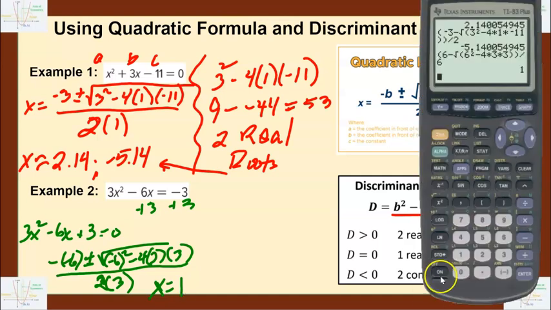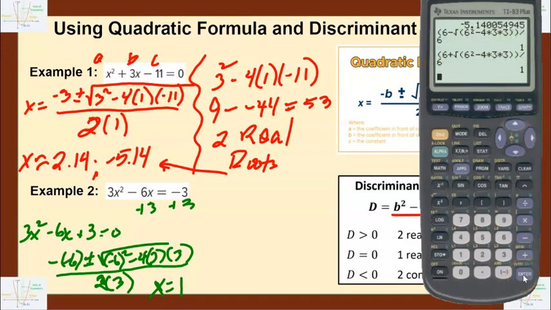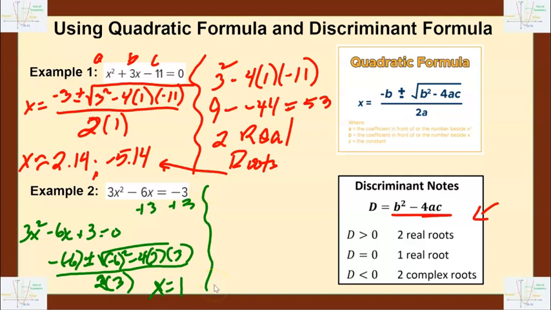Well, let's see if there's another solution. So I hit second, enter. I'm going to change the sign to a plus. Hit enter, and it also gives me a 1, the same answer. So that means there's one real solution, and let's verify it with the discriminant. So again, the discriminant is b squared minus 4ac. So I'm going to do negative 6 squared minus 4 times 3 times 3.